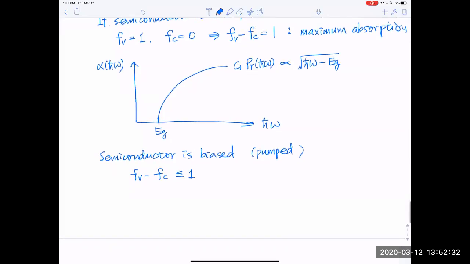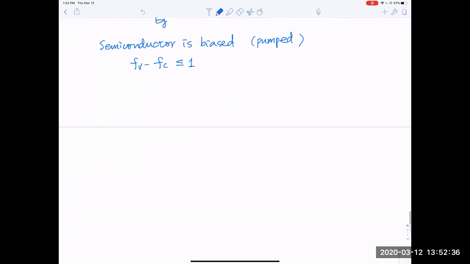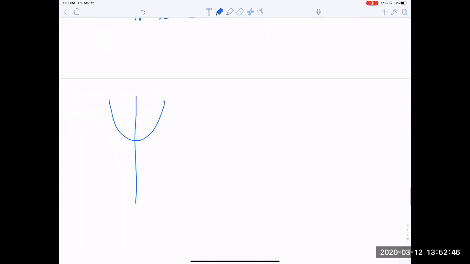I think we will run out of time today, but let me just plant an idea for you to think about. So we have conduction band, we have valence band, and if we think about the pumped case, the bias case, we will have quasi-Fermi energy Fc.